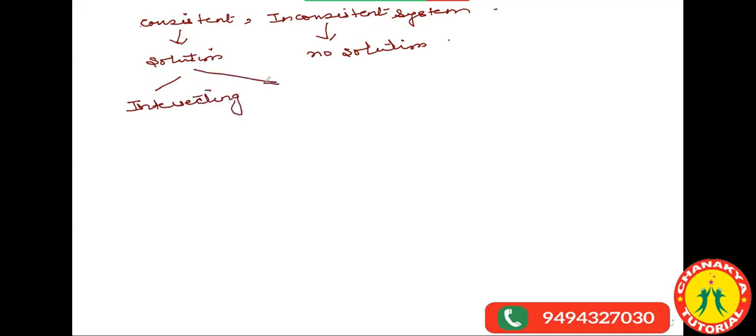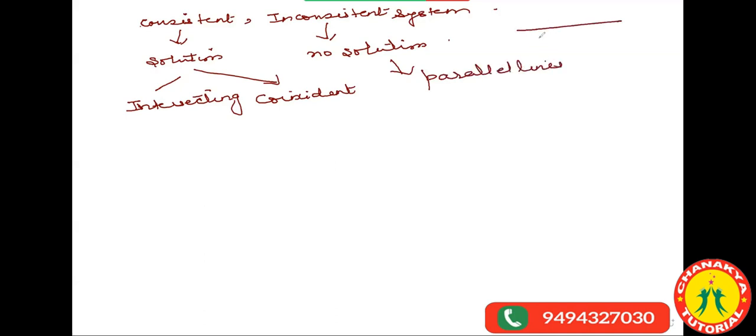Their solution: if a solution is there, then the system is consistent, and if there is no solution, then the system is inconsistent. Clear? If a solution is there, then the lines will be intersecting, or the lines will be coincident. And if no solution is there, the lines are parallel.